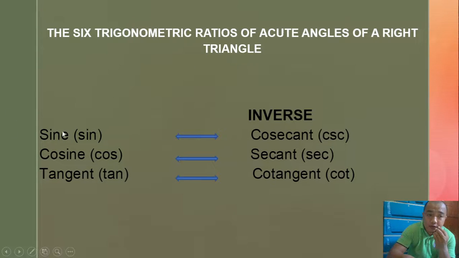First, what is the inverse of sine? It's what we call the cosecant. It's written as csc. What is the inverse of cosine? It's what we call secant, sec. What is the inverse of tangent? It's what we call cotangent, or cot. Try to memorize the 6 important trigonometric ratios of acute angles of a right triangle.